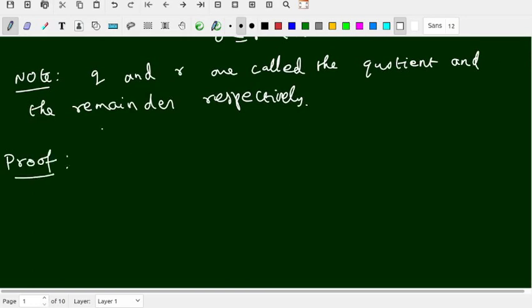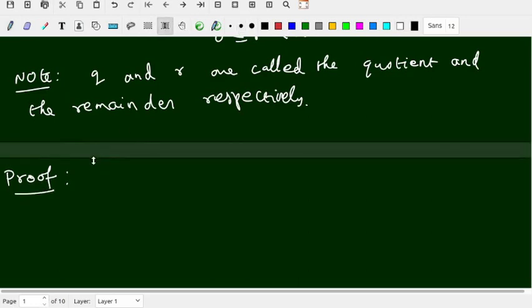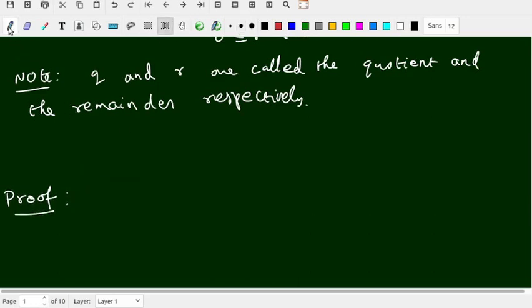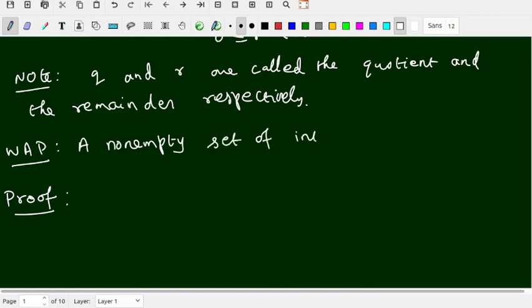We recall the well ordering principle, which is actually a consequence of the well ordering principle. The well ordering principle is that a non-empty set of integers greater than or equal to n has a smallest element.